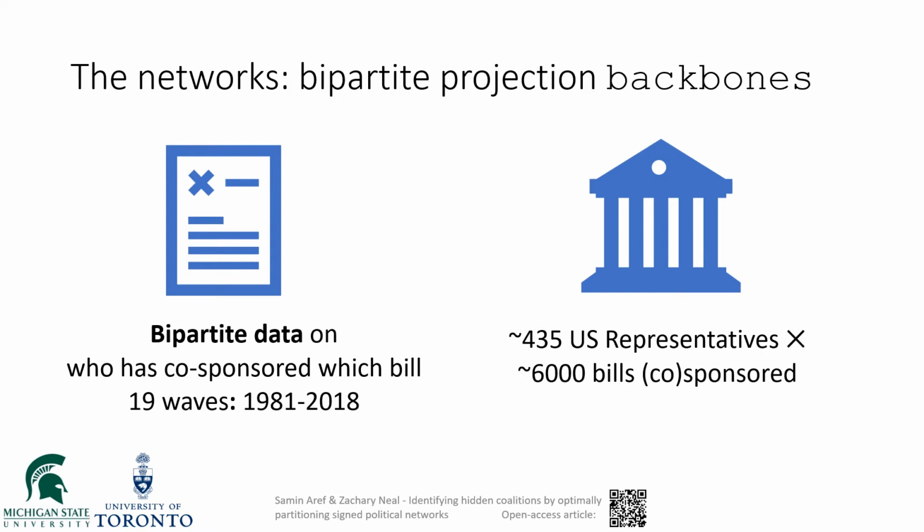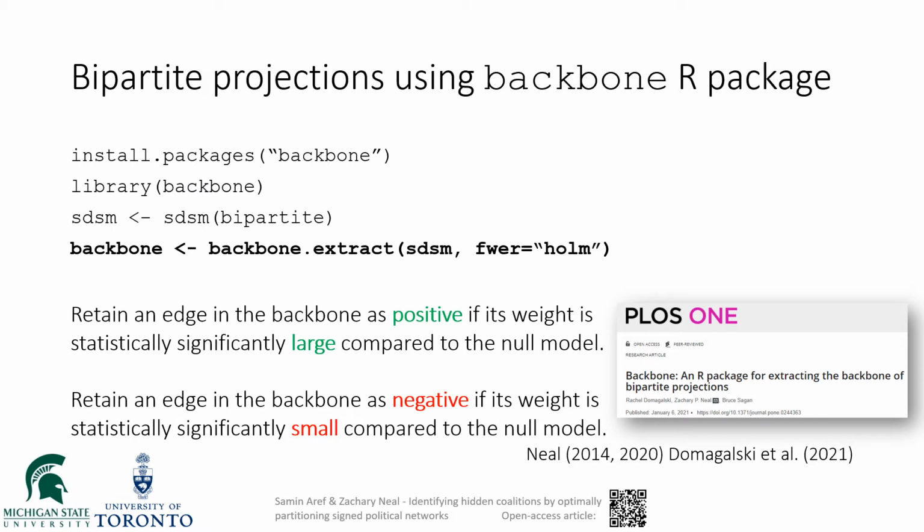To tell you more about the details of how we create these networks, we use the backbone package in R, and these are the main commands for using this package, which is available from CRAN. You may also check out this 2021 article from PLOS ONE, which is about this R package.